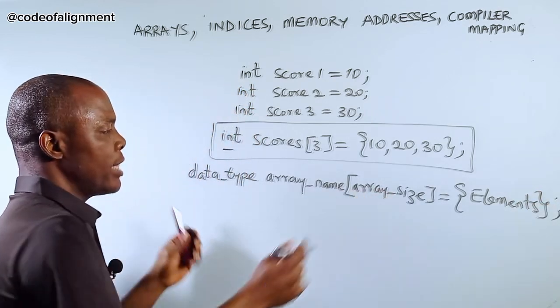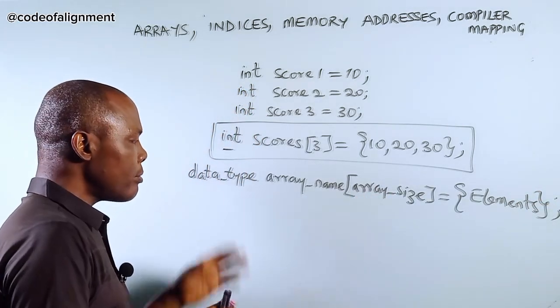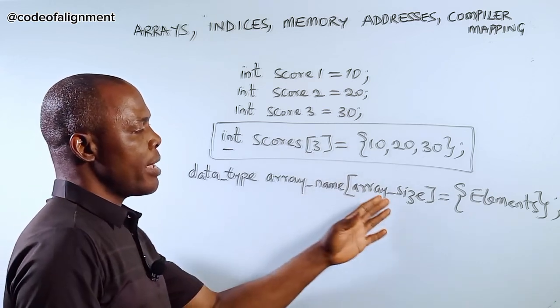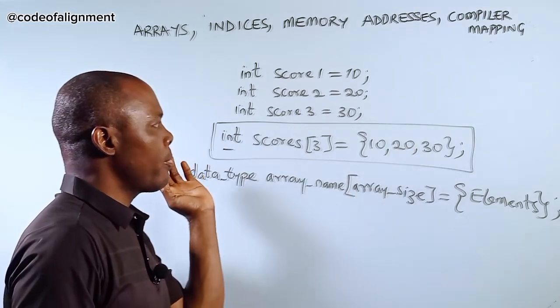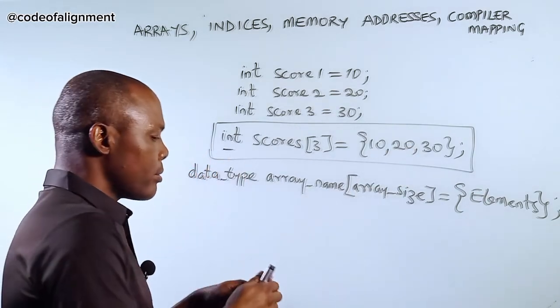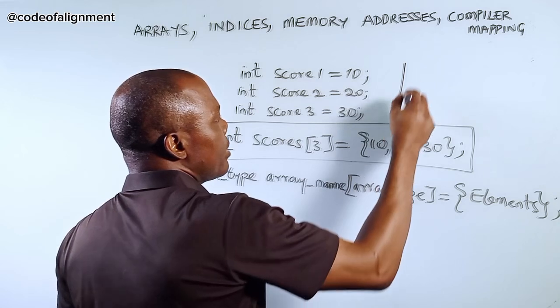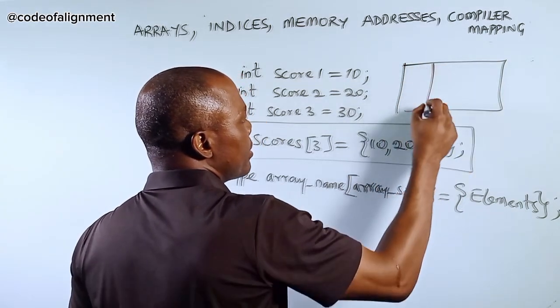So this is the syntax of an array: data type, array name, array size, and the elements, which are separated by commas.